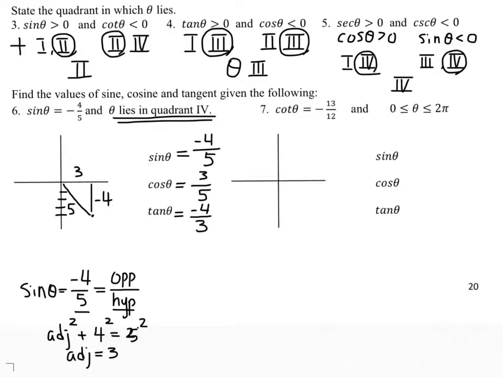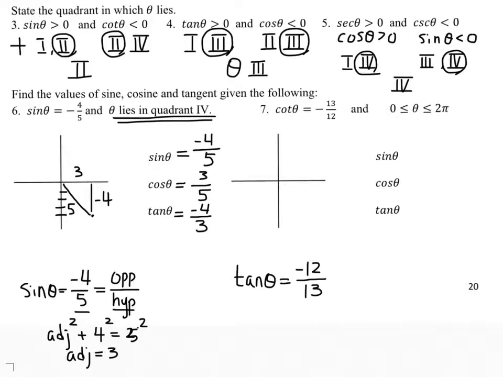Number 7. You have cotangent theta equals negative 13 over 12. Whenever it comes to cotangent, I'm not so familiar with cotangent, so what do I do? I'll just rewrite it into tangent. And don't forget, tangent is the reciprocal of cotangent. So when I rewrite into tangent, I have to make sure I take the reciprocal of cotangent's value.